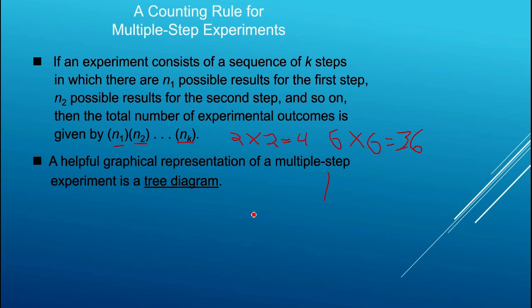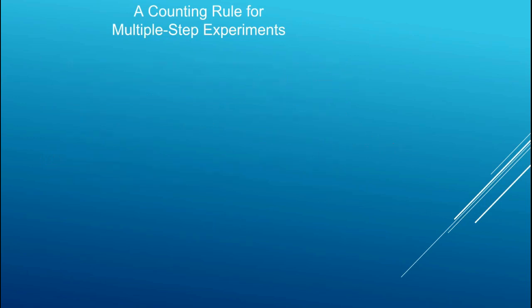Sometimes we can also represent a multi-step experiment in a tree diagram if we want to enumerate all the possible outcomes. This can be very informative, and it's a good pedagogical tool, and I will use it a few times throughout this module.